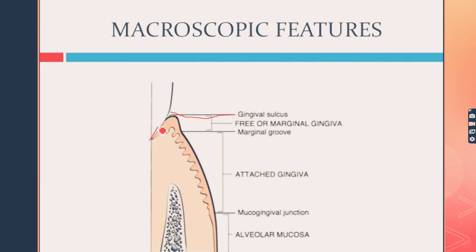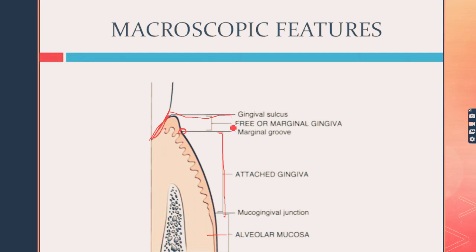This portion is the gingival sulcus, and this groove, look at this groove, is the marginal groove. Between the marginal groove and the mucogingival junction, attached gingiva is present, and here it is alveolar mucosa.